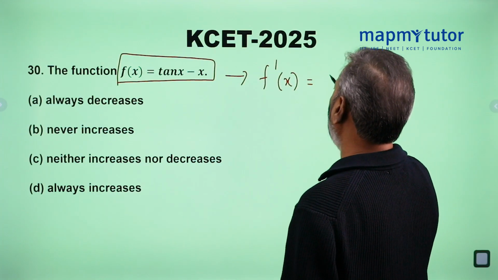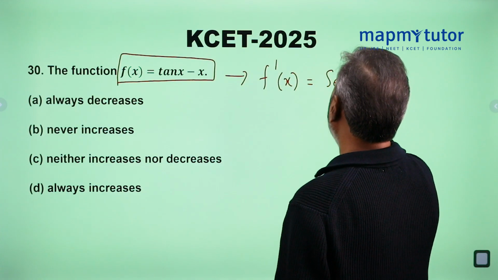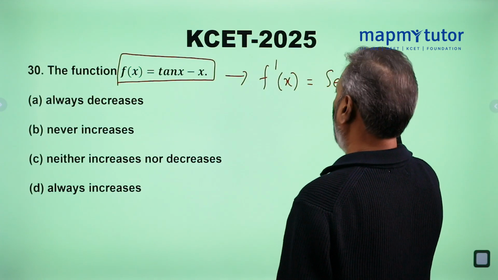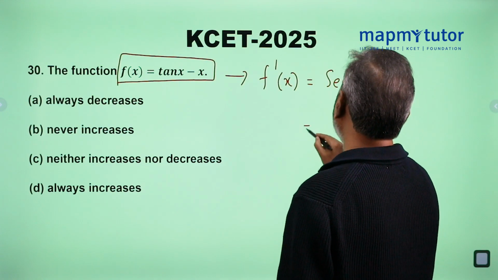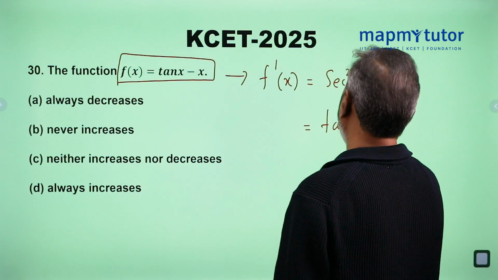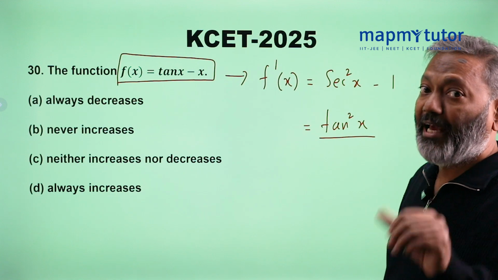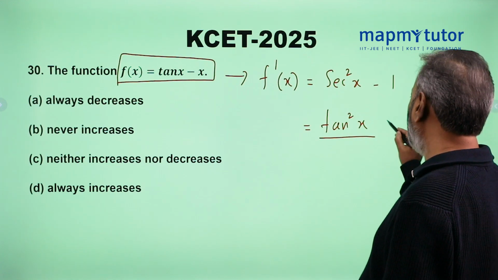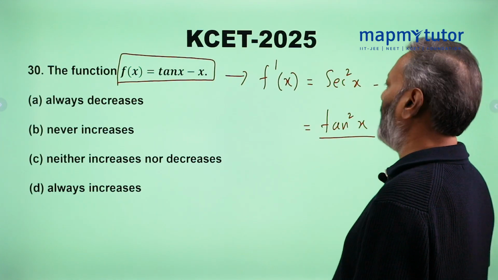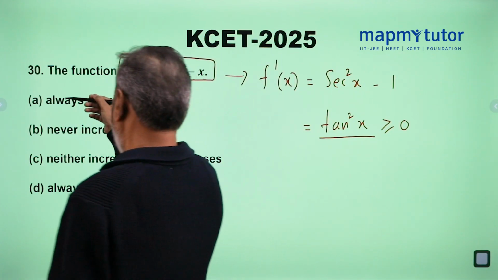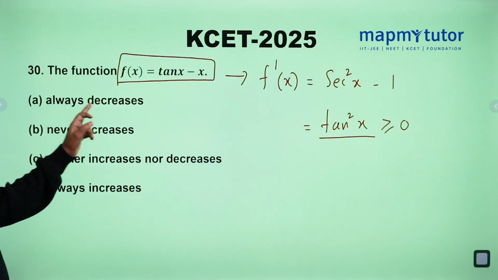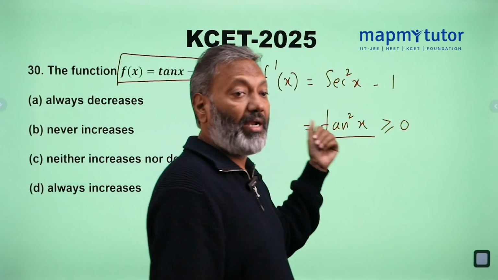Okay, let us find the derivative of the function, which is secant square x for tan x, minus 1. What is secant square x minus 1? Tan square x. See, the derivative is a perfect square. A perfect square can never be negative. Either it should be positive or 0. Can you just select the option now? Always decreases, wrong, because it cannot be negative.